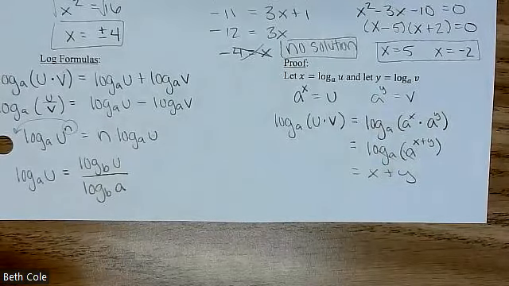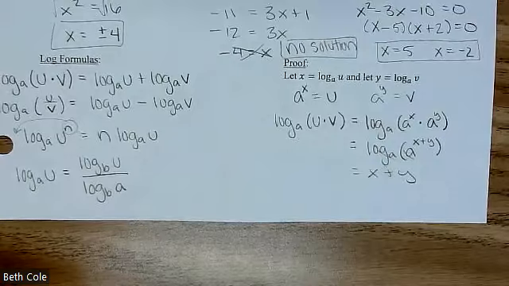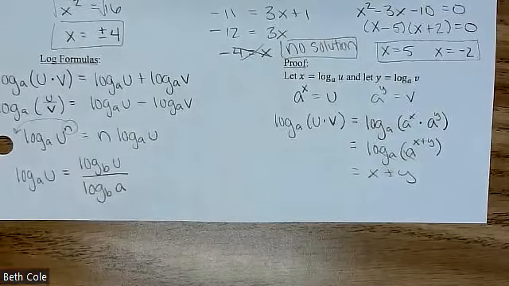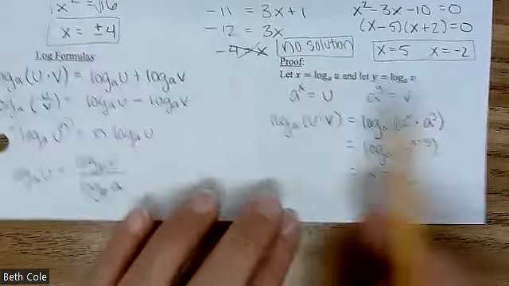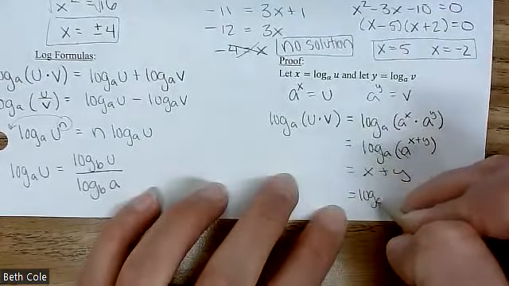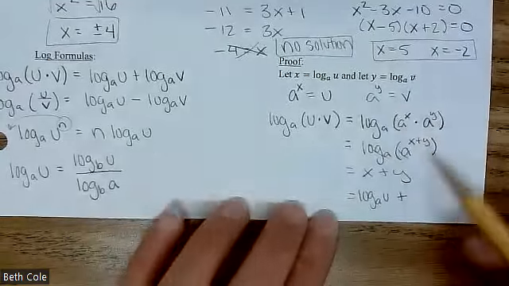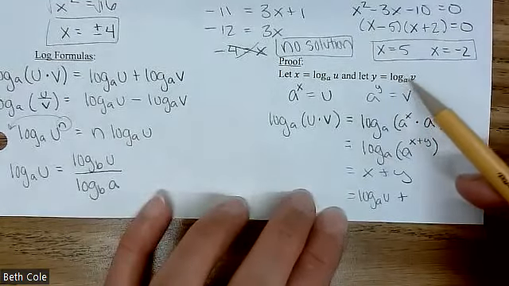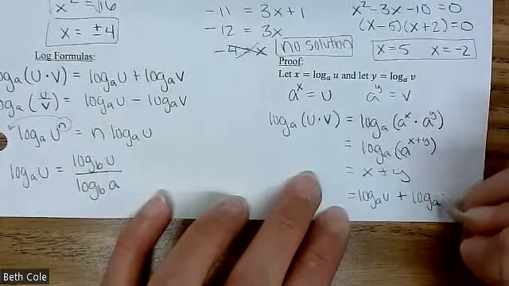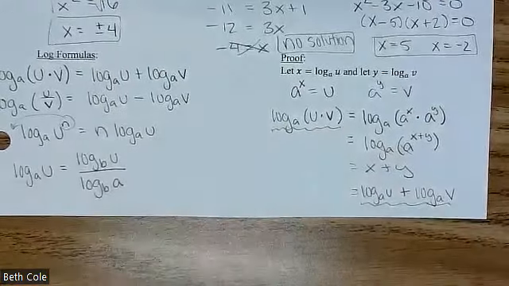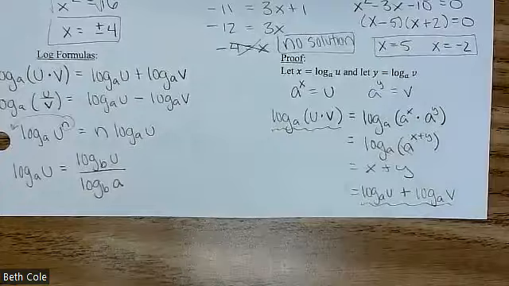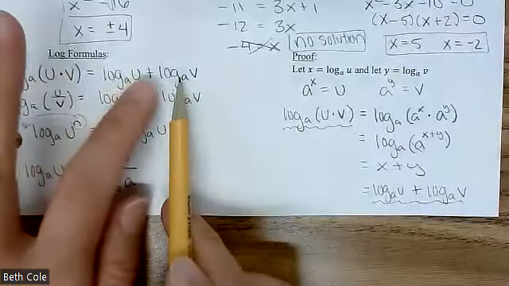And look back at the very first thing right underneath the word proof. What did x equal? Log base a of u, plus, what did y equal? Log base a of v. So do you see how this equals this? It comes from the exponent rules. When you multiply, you add your exponents.